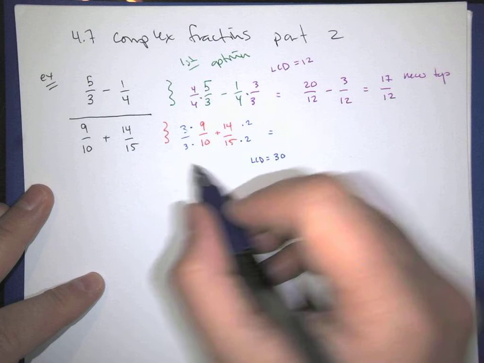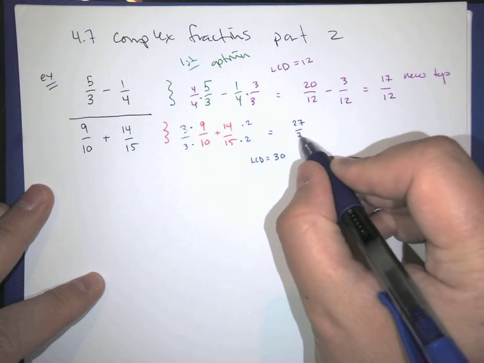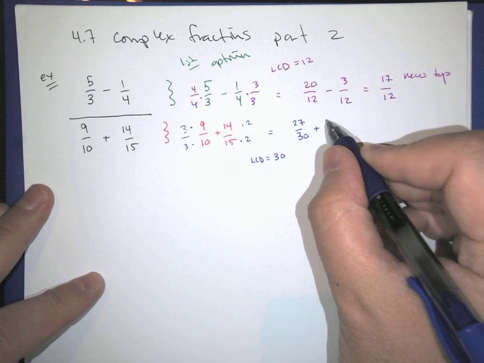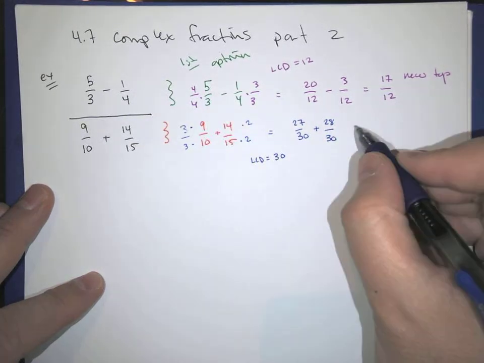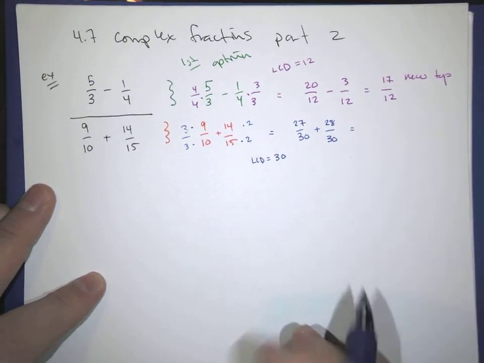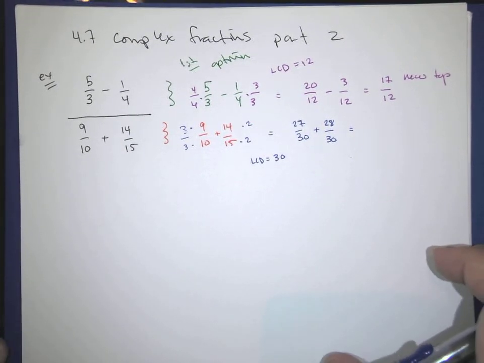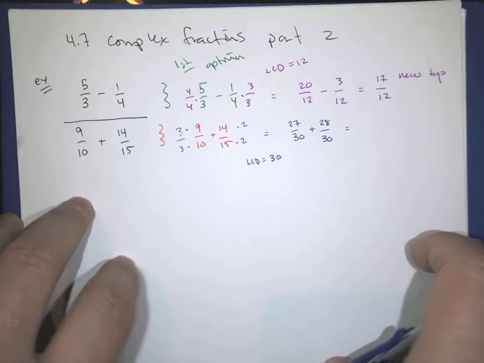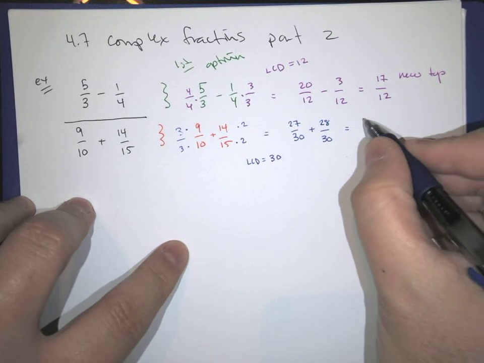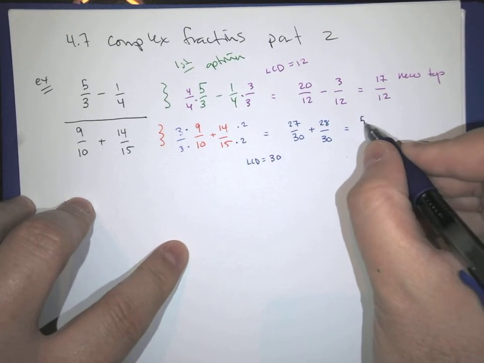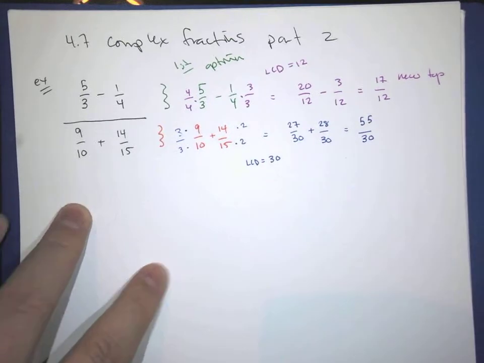This becomes 3 and 3, 2 and 2, so we get 27 over 30 plus 28 over 30. This is going to be in total how much? 27 and 28 would be 55, all over 30.